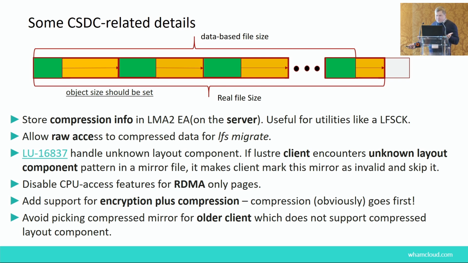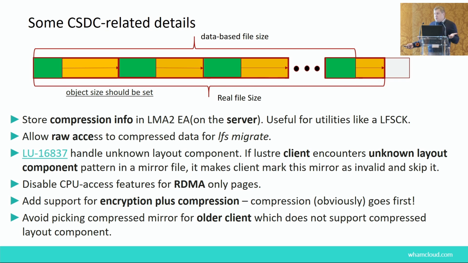There are also some features: it's possible to read the raw compressed component for some appliances, something like migration. There are some cases where we cannot compress, such as RDMA, because the CPU has no access to such pages. We just bypass compression in this case.